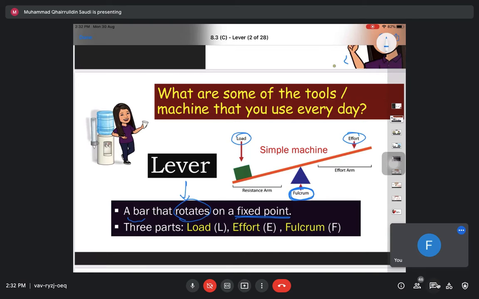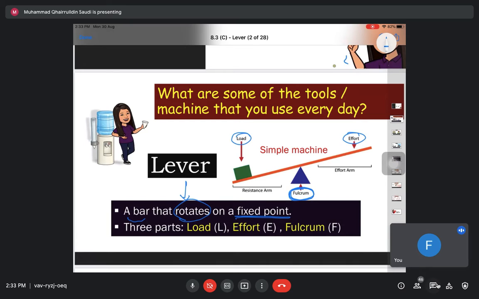The load is where the thing goes, the object that we want to do something with. While the effort is daya, the part where the force is applied.